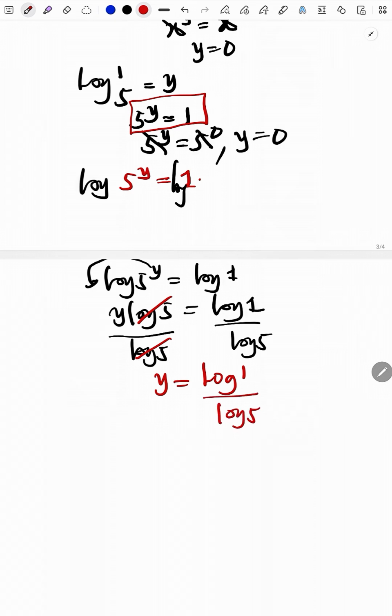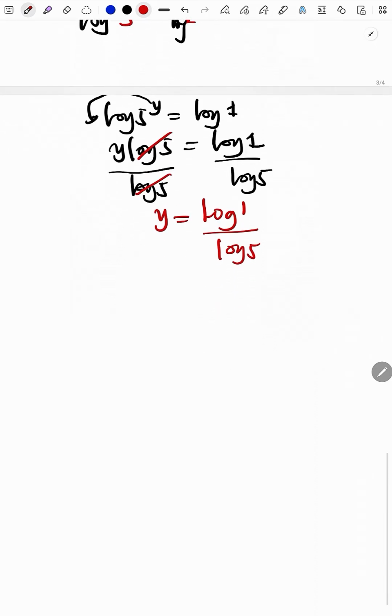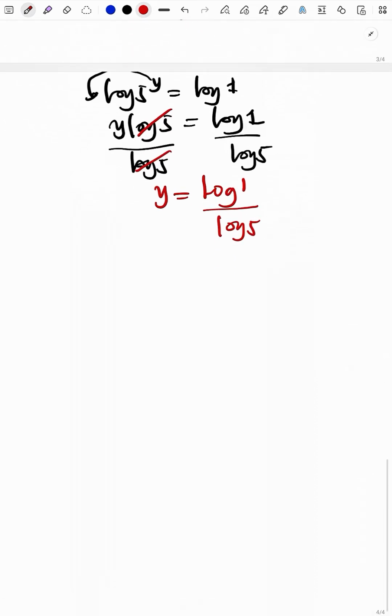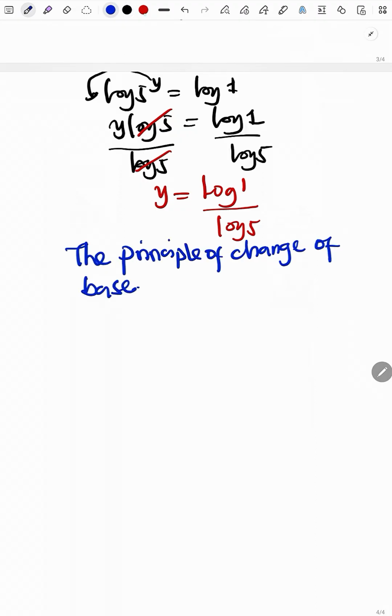Now, this takes us to our next law, the principle of change of base. The principle of change of base is very, very easy. So let's say we have log m base n all over log k base n, provided that they are bounded by division and they have the same base.